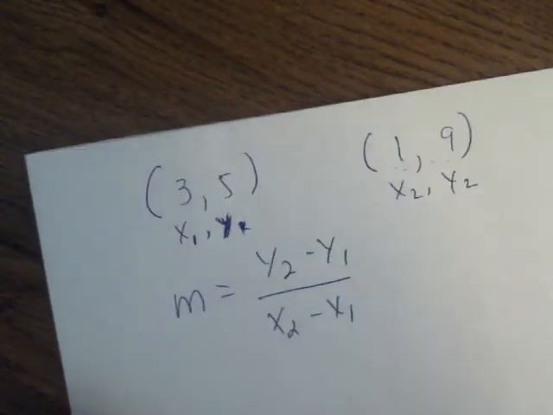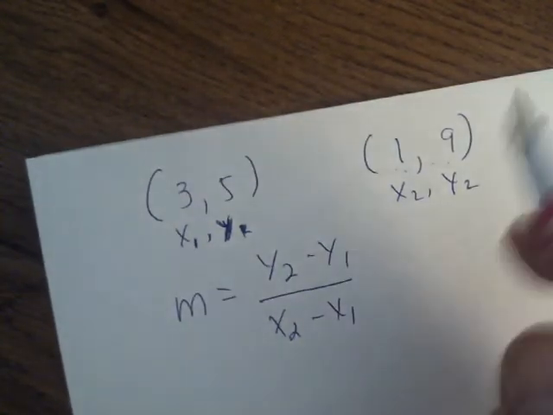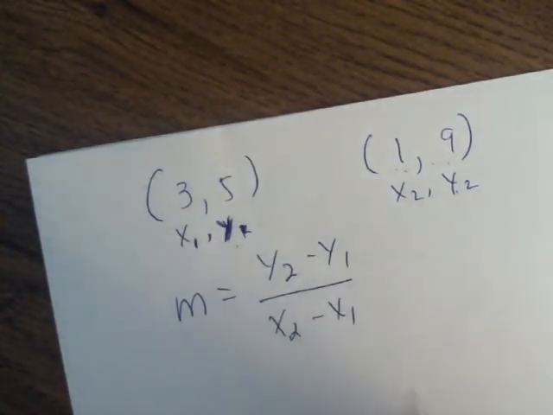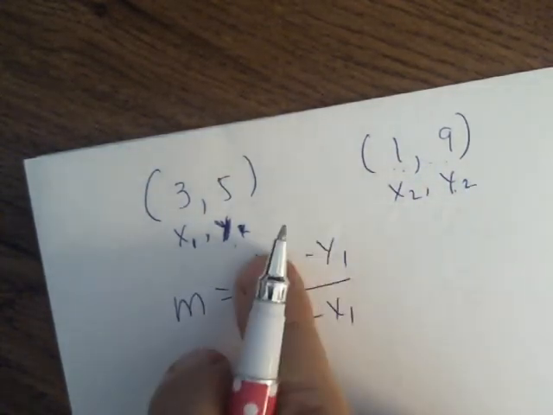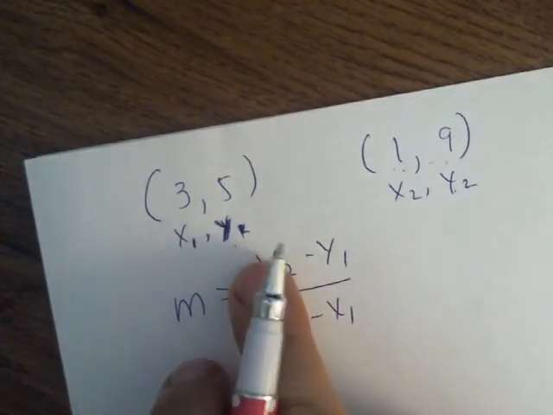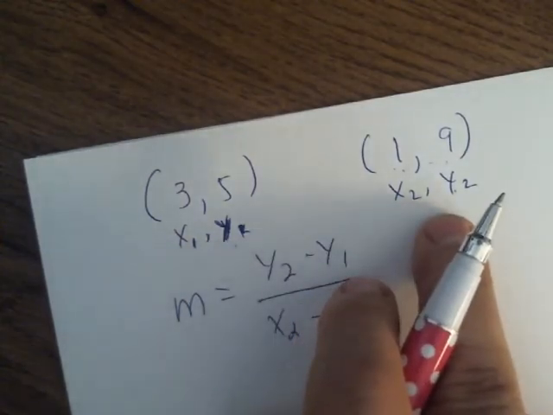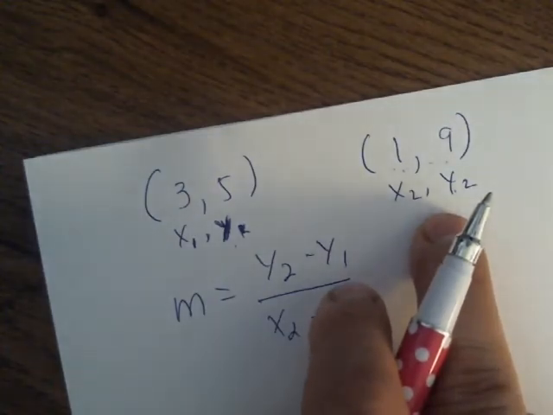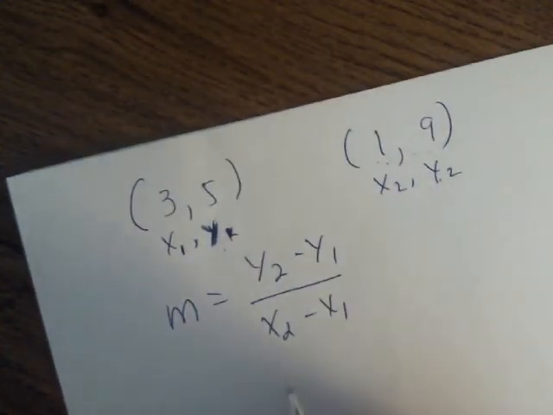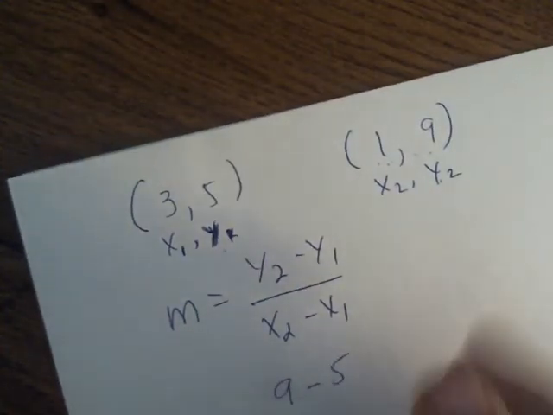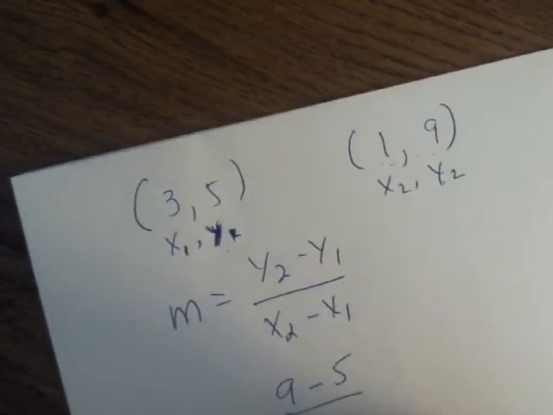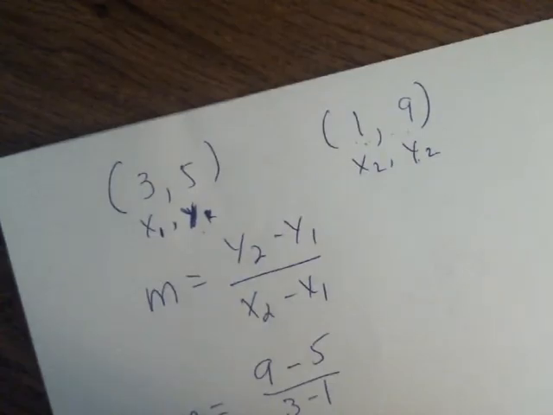You can't flip-flop x's and y's. So just take your time. y2 minus y1. And you see, I'm writing all this stuff down. Very rarely do I see my students do this to this detail, and then they miss them. So why not write it down if you want to get it right? Just to be sure.